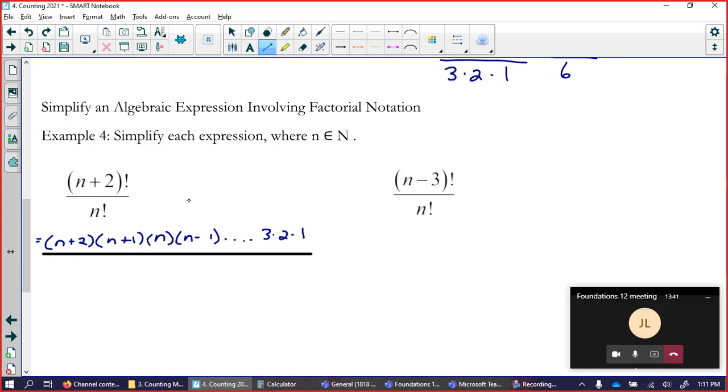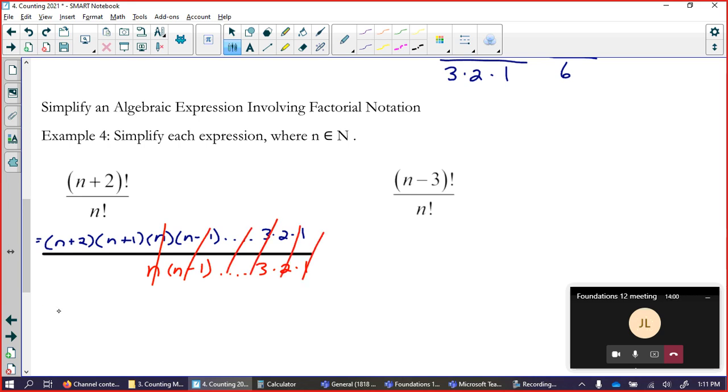So I can't write out everything there because I can't subtract everything. n factorial, well, n over n cancel. Everything else cancels. So n plus 2 factorial divided by n factorial is n plus 2 times n plus 1.